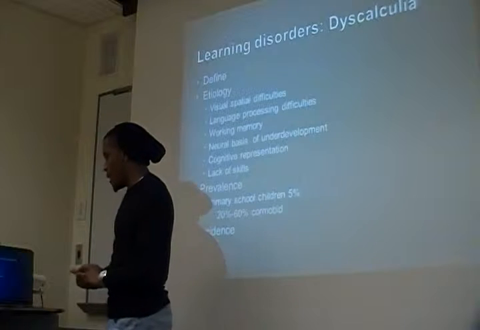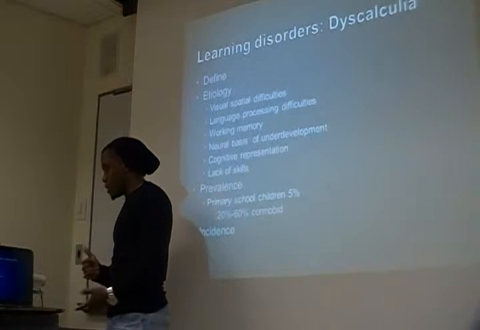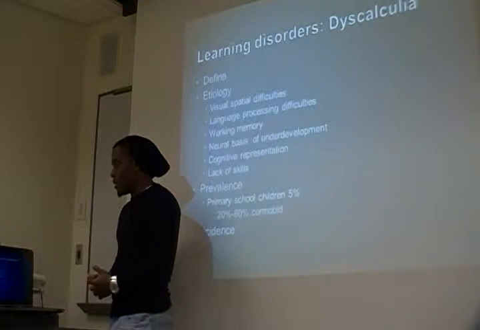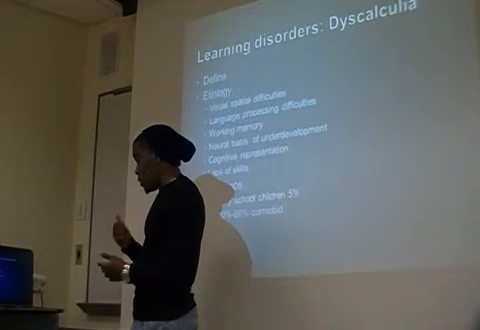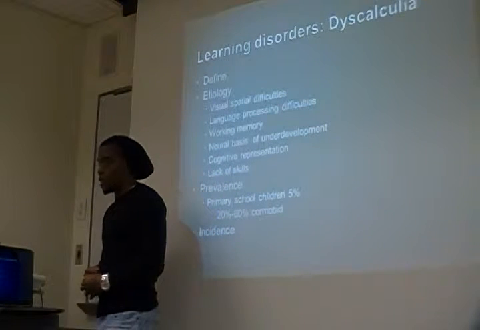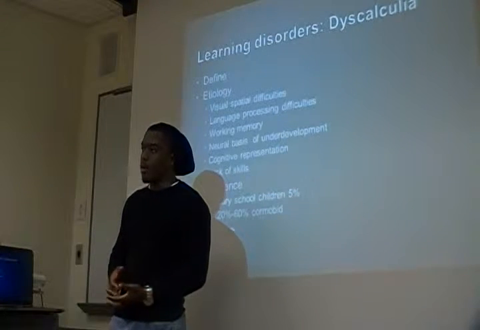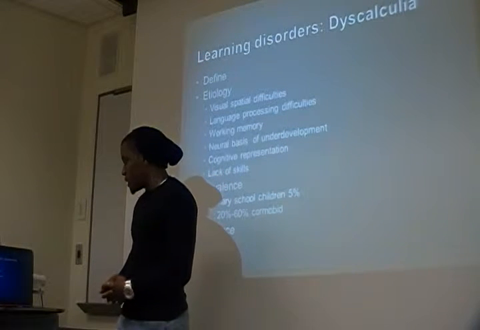They have visual spatial difficulties, language processing difficulties, working memory, neural basis of underdevelopment, cognitive representation, and a lack of skills. Those could be the many different problems that cause the learning disorder of dyscalculia.